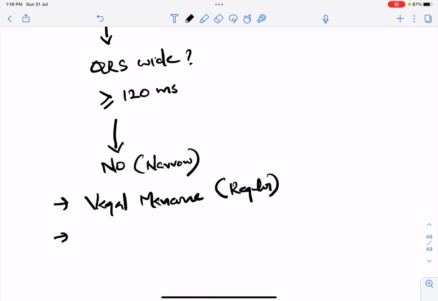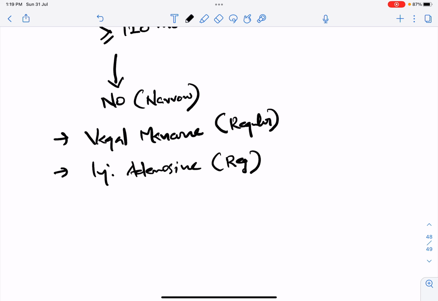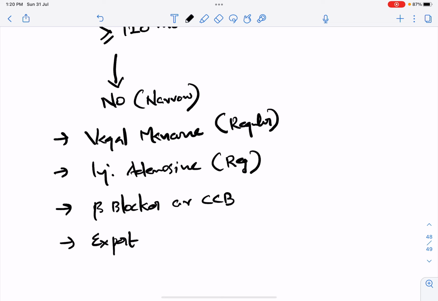Again, if it is not aborted by vagal maneuver, then you have to give injection adenosine. It is also done if it is a regular rhythm. And what if it is an irregular rhythm? You can consider beta blocker or calcium channel blocker, and you can take an expert consultation, that is our cardiologist.